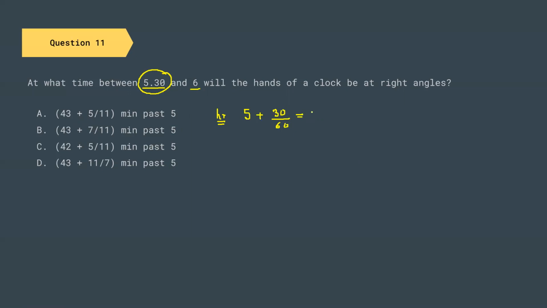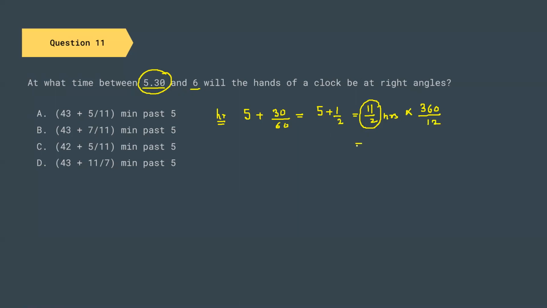So that gives us 5 plus 1 by 2, and that will give us 11 by 2 hours. Every hour, the hour hand is inscribing 360 degrees divided by 12, that is 30 degrees.